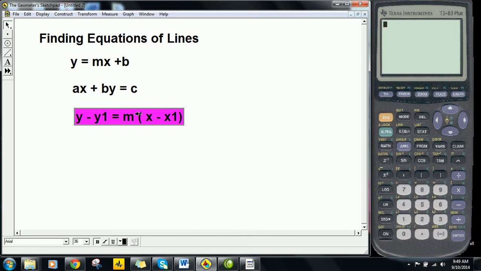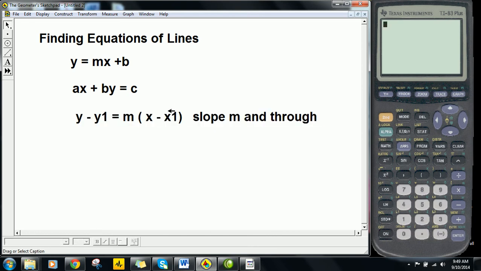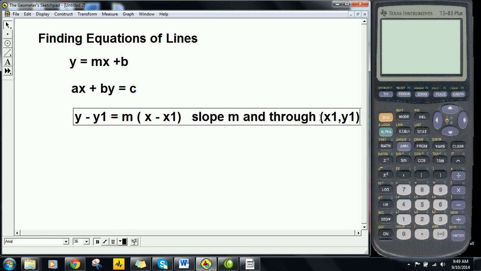For this form, m is the slope, just like it is in slope-intercept form. So slope m, and through the point x1, y1, where x1 is the x value of the point and y1 is the y value of the point. Let me show you how this is usable.